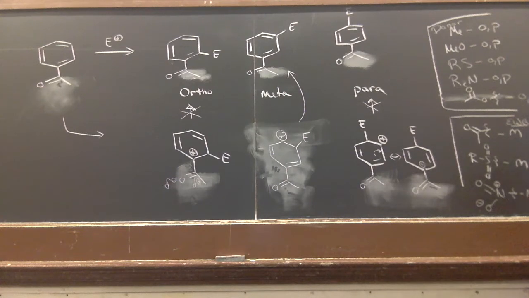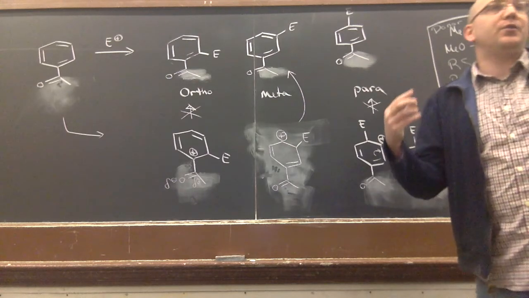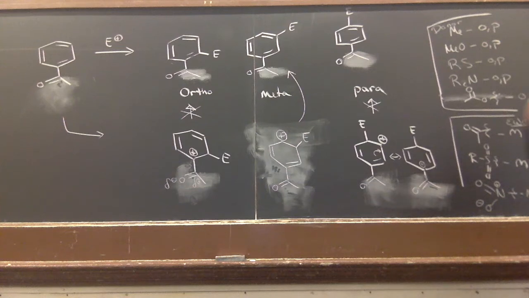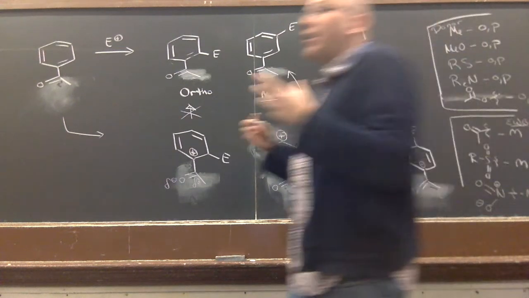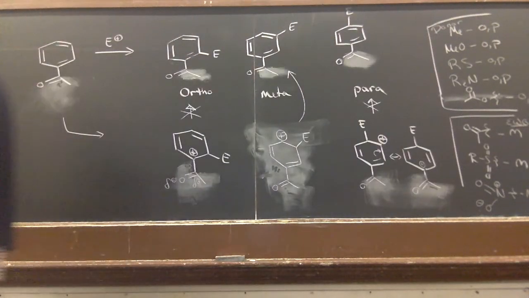But as you can imagine, in all these cases, it's what we call electrophilic aromatic substitution, right? We're treating the aromatic group with an electrophile, which means that our benzene is serving as a nucleophile.